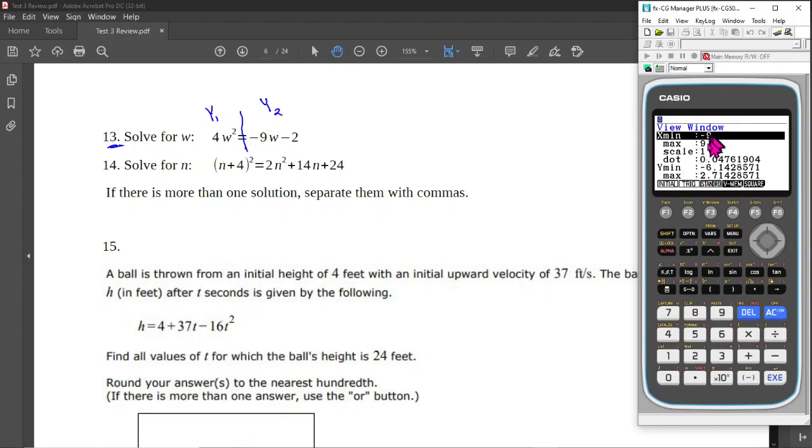It looks like we don't need to go all the way out to -9, so let's go from -5 to 5, and you have to hit execute each time. For the Y values, we saw it goes down to -6 is okay, but we probably want to go to, let's say, 15. I'm not really sure, but let's do that. And then when we execute and draw it again, we can see more of it.